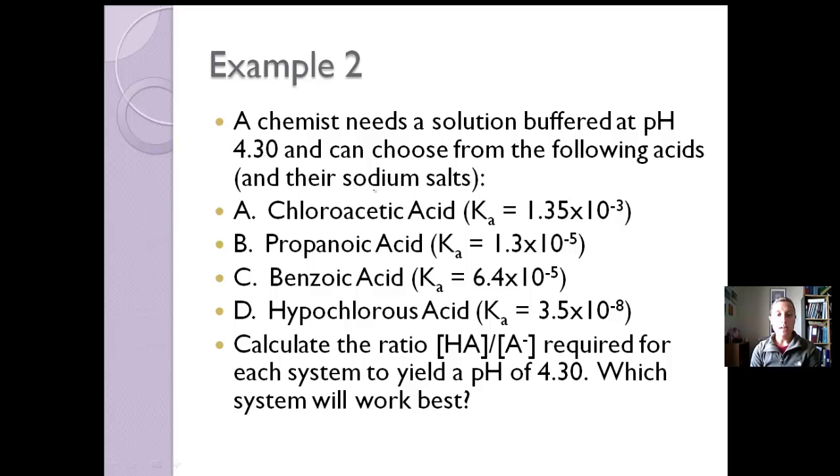We could use the Henderson-Hasselbalch equation and find one where the pKa is equal to that pH of 4.30. So we could go through and do negative log of all these. But since we have Ka values and not pKa values, let's find that ratio instead using the rearrangement of the equilibrium constant, and then we can look for a ratio close to 1.